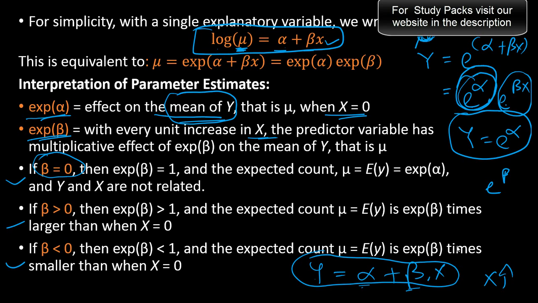However, beta can be greater than 0 or less than 0. How do you interpret it when it is greater than 0? If exponential of beta, that is e to the power beta, is greater than 1, then the expected count, or the average of the dependent variable, is exponential of beta times larger than when you had x equal to 0.